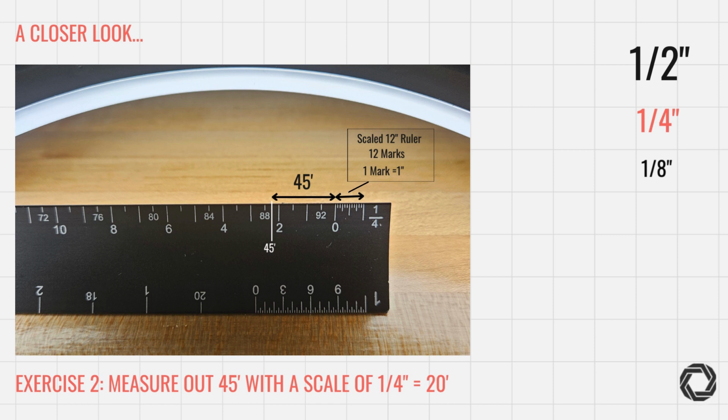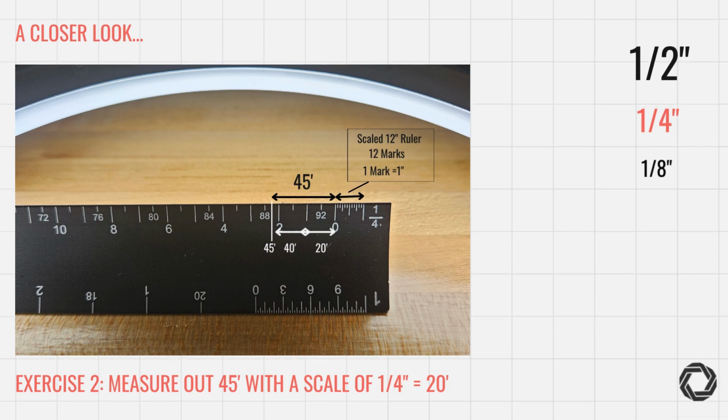That measures out 45 feet with a scale of 1/4 inch equals 20 feet. Because remember, every 1/4 inch is equal to 20 feet. So if we notice that our 1/4 inch is 20 feet and we need to show 45 feet, that means we're going to go past the 2 intervals here and reach halfway between the 2nd and the 3rd interval.